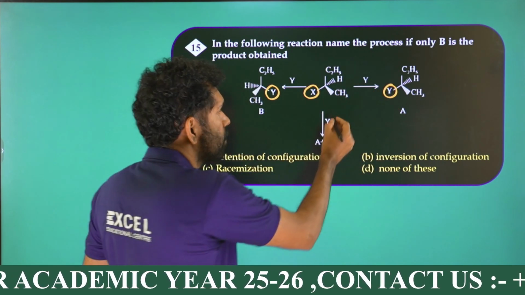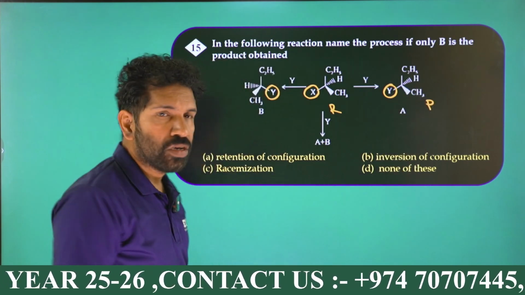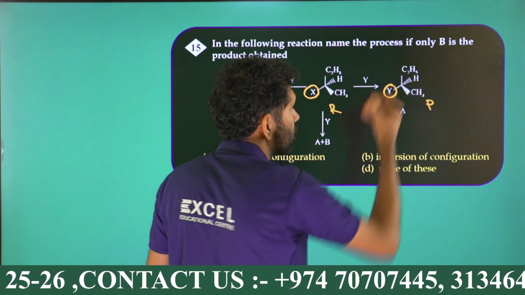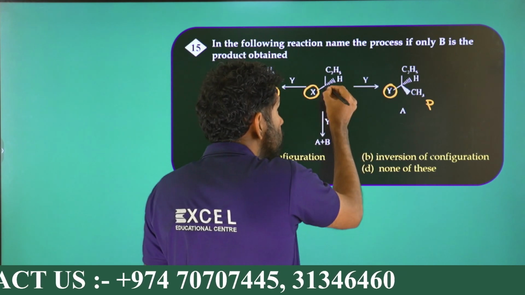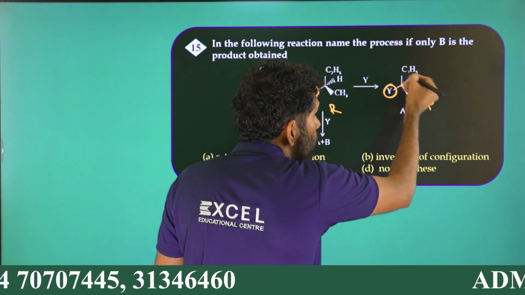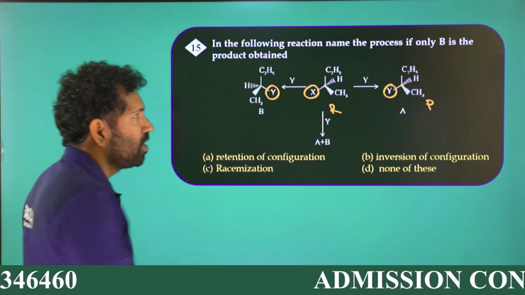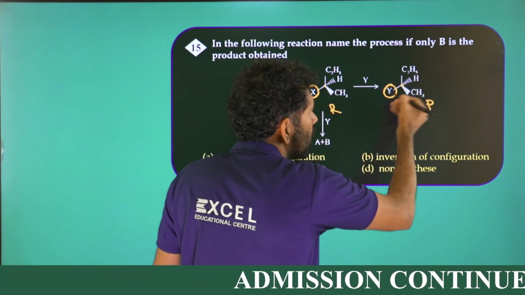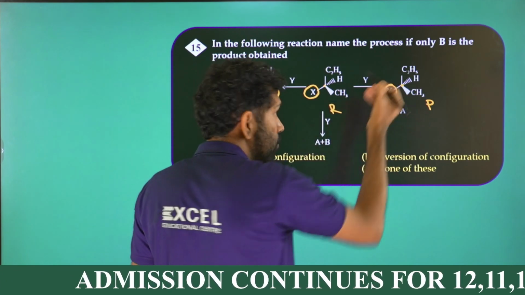In this reactant and product, the arrangement of groups surrounding this chiral carbon is the same only. Here X is just replaced by Y.